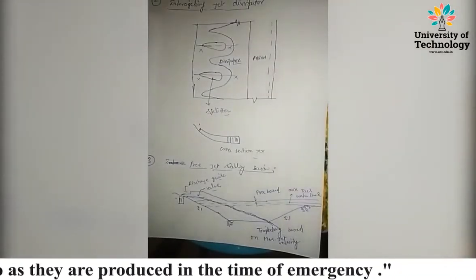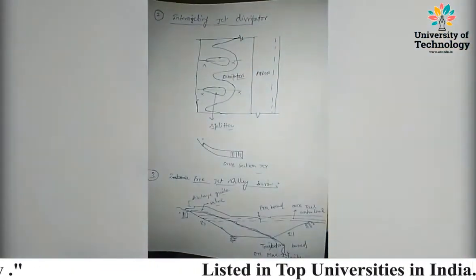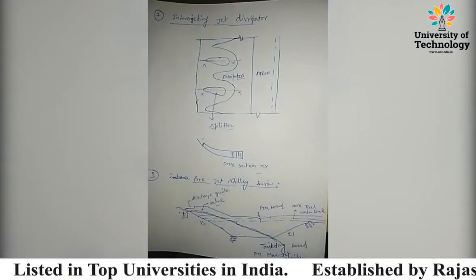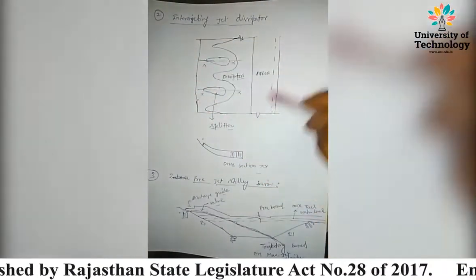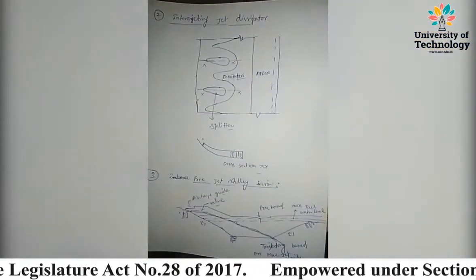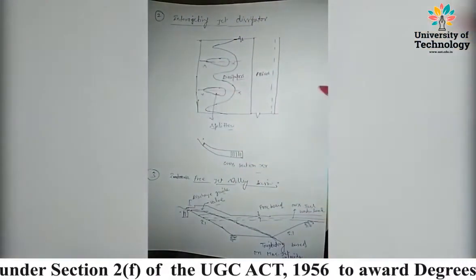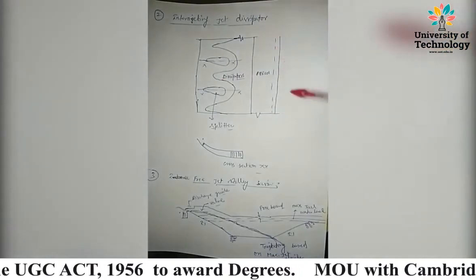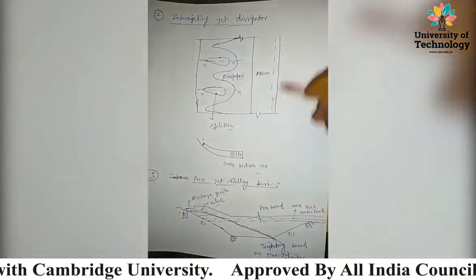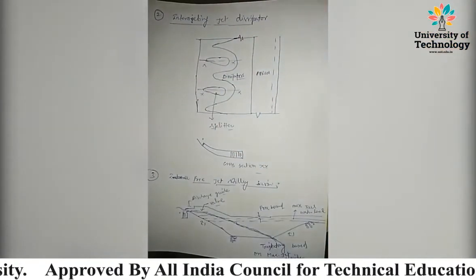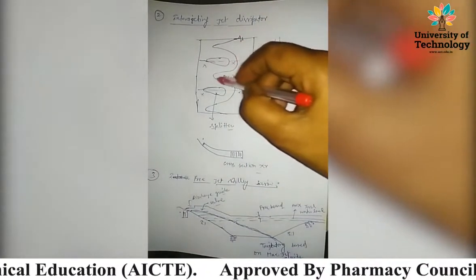Next one is interacting jet dissipators. In this diagram, this is the plan of the section. This is the plan of an interacting jet dissipator. You can see here water flows from this side to this side. This is the apron you have seen, made up of concrete only. And these are the dissipators.